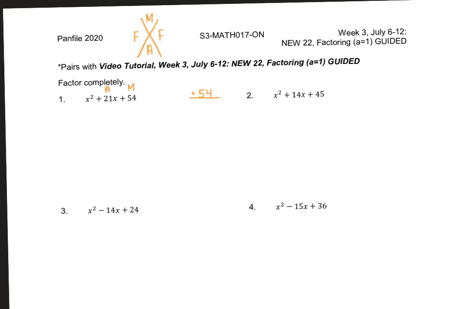Okay? And we're going to list all our factors. So we're going to do 1 times 54, 2 times 27, 3 times 18, 4 doesn't work, 5 doesn't work, 6 times 9, 7 doesn't work, 8 doesn't work, 9 times 6.